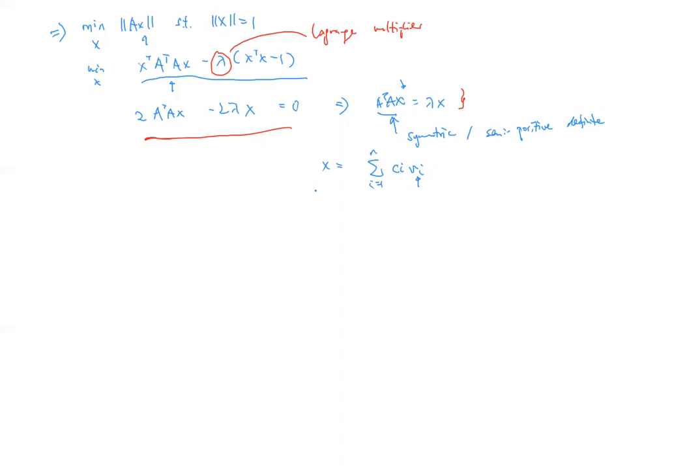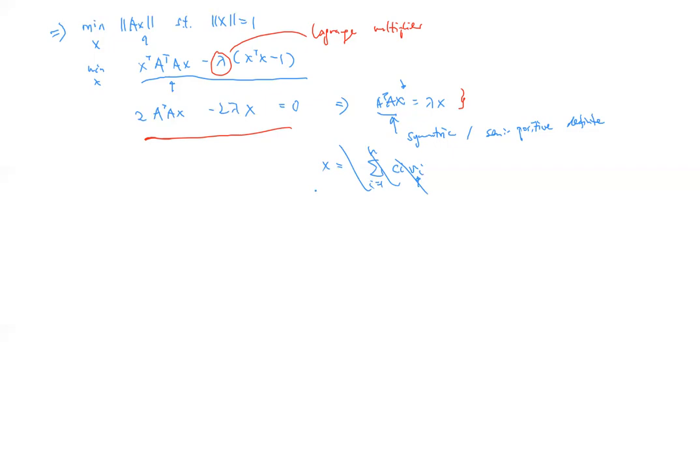Now, let's say we just write x. Actually, when we know this is an eigenvector, maybe I don't even need to decompose that. I can even skip that because I already have the information that x is an eigenvector.